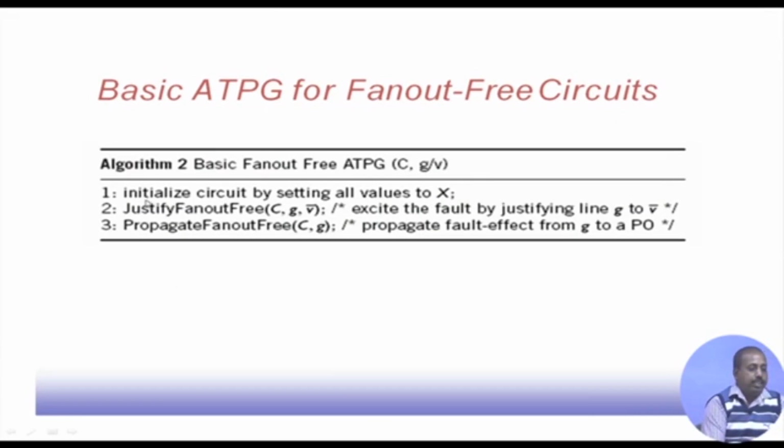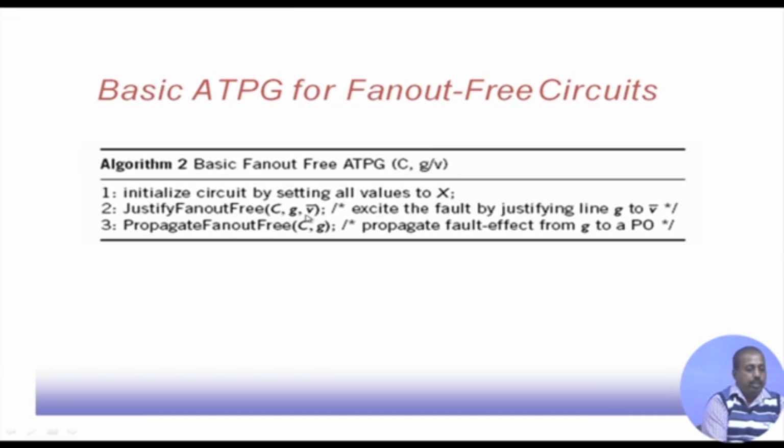It says: initialize the circuit by setting all values to x. All input values and signal line values are set to x, and we are trying to detect this particular fault, signal line G stuck at some value V. Then we call justify fan out free, which is C, G and V bar.